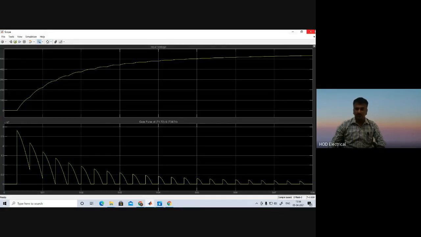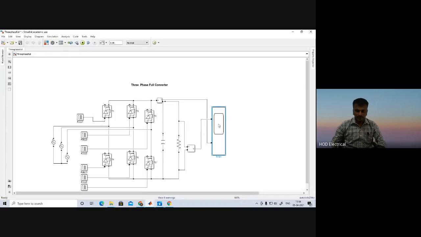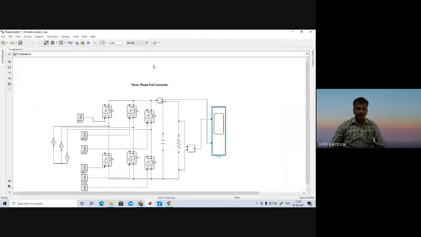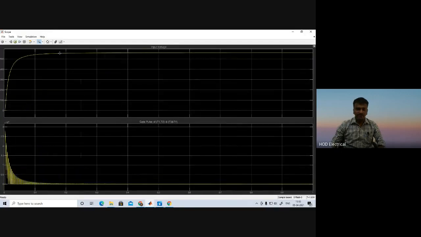Sorry, this is a gate pulse. The output voltage will be increasing more. If you run the simulation for 1 second, we will come to know that the output voltage is smooth.